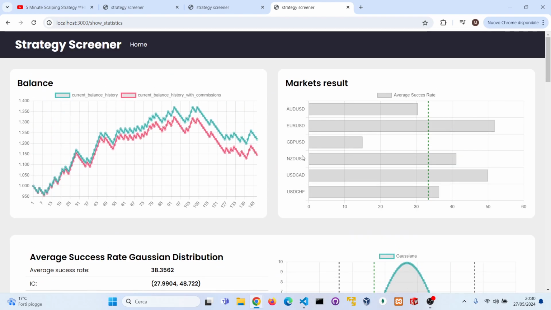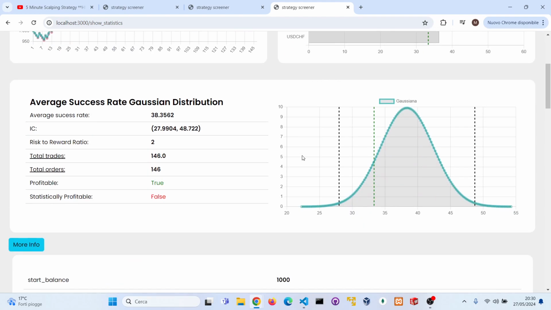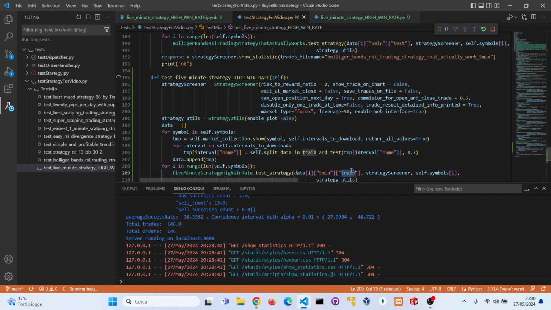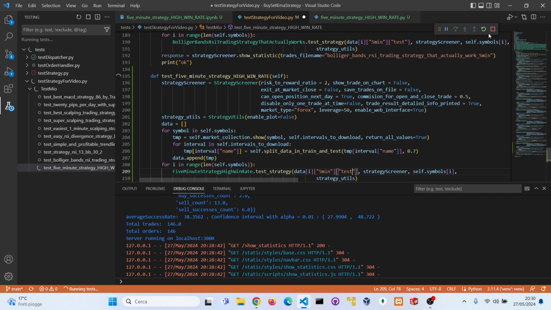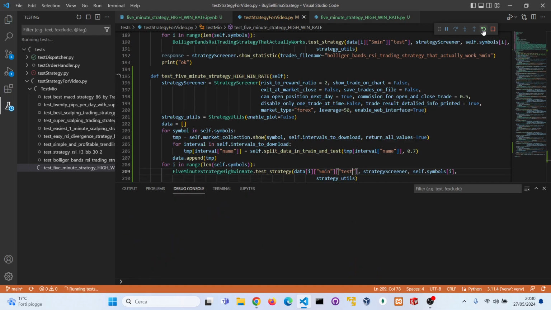Then let's try to run the strategy on the test dataset and let's see how it performs. Remember that this strategy is not statistically profitable, but let's try anyway, and let's see if our average success rate is in the confidence interval. So let's go here and let's try on the test dataset and let's see how it performs.